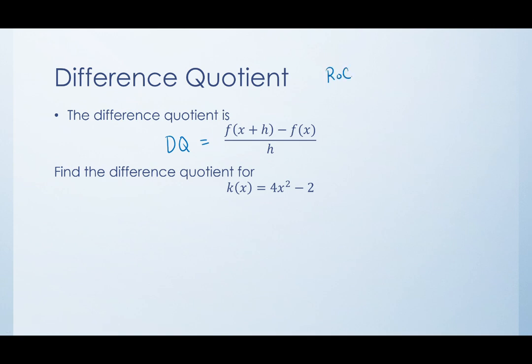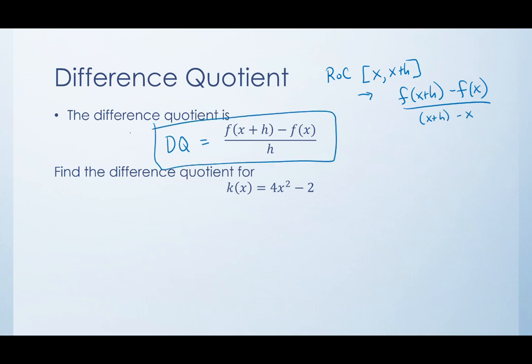This is the rate of change over the interval x to x plus h. So that would be f of x plus h minus f of x over x plus h minus x, which when you simplify, you get f of x plus h minus f of x over just h.